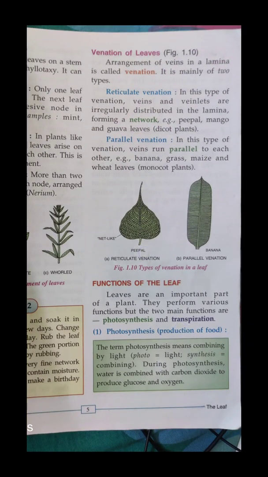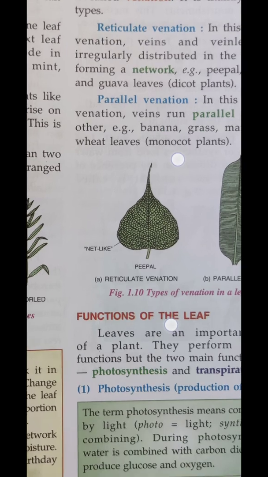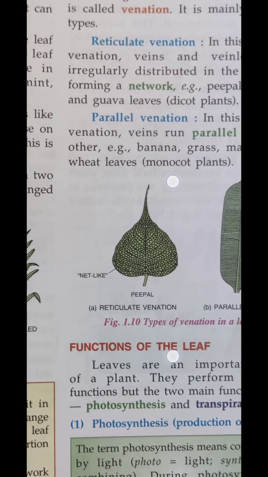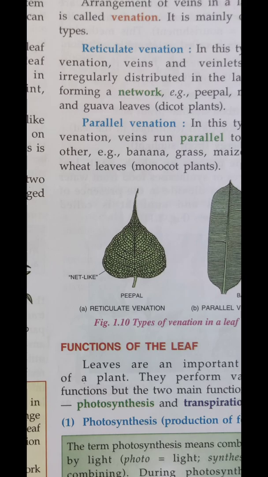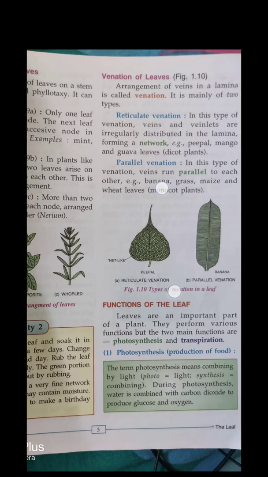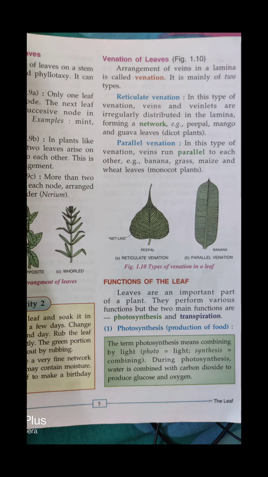In this type of venation, veins and veinlets are irregularly distributed. You can see this picture. The veins and veinlets are irregularly distributed among the lamina, forming a network. Examples are peepal, mango and guava.